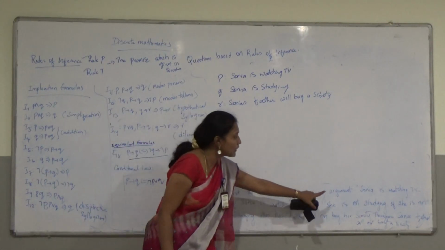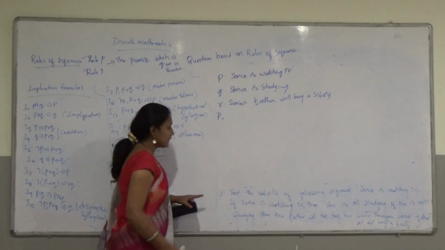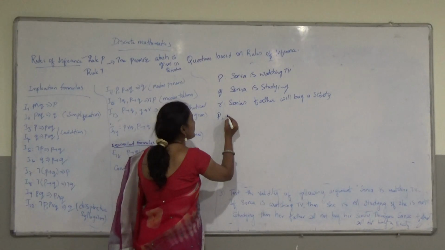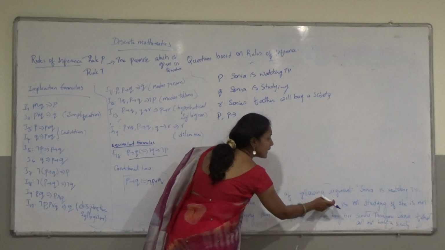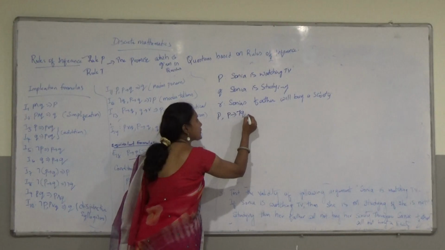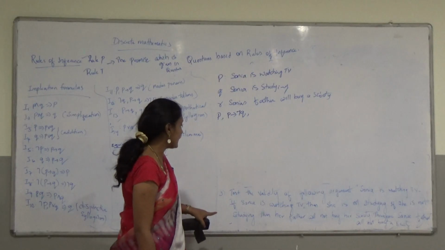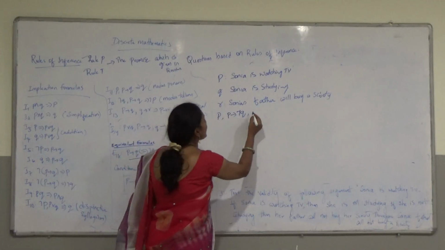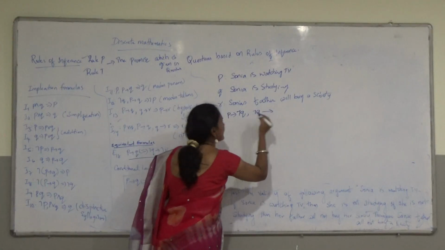Test the validity of the following argument. Sonia is watching TV. So what is the first premise suitable? P. Next, if Sonia is watching TV, then Sonia is not studying. If-then means you need to apply P implies. We are writing the studying statement; not is nothing but negation Q. Next, the third statement: if she is not studying, then her father will not buy her a scooty. If she is not studying means negation Q. Then means implies.